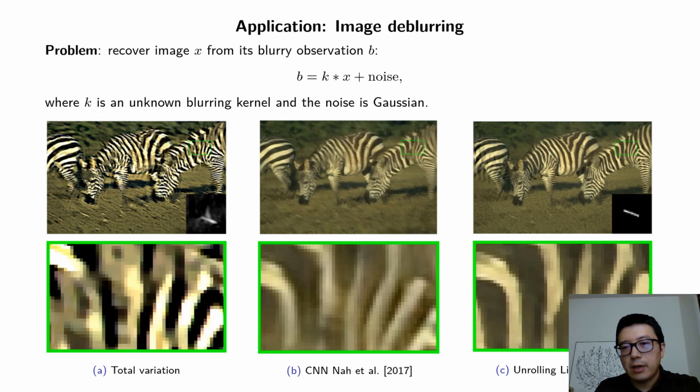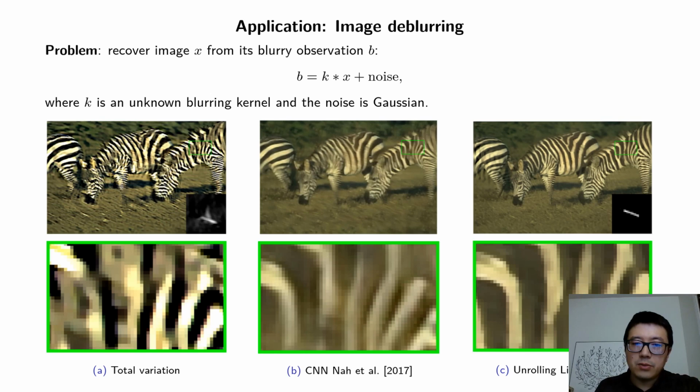In this work, the idea is to use information from the image and our knowledge about the image to create a sharper image than the input image. Total variation is a traditional technique, a classic model and algorithm, for this problem. And in this example, it did not correctly recover the blurring kernel and also caused the image to distort.